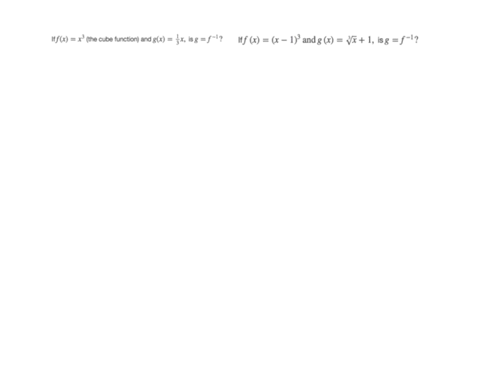Okay, so let's give a couple more a try. We're just trying to see if these are inverses of each other. So I'll start out with f of x equal to x cubed, and g of x equal to 1/3 x. So f composed with g is something cubed, and that something is g, which is 1/3 x.